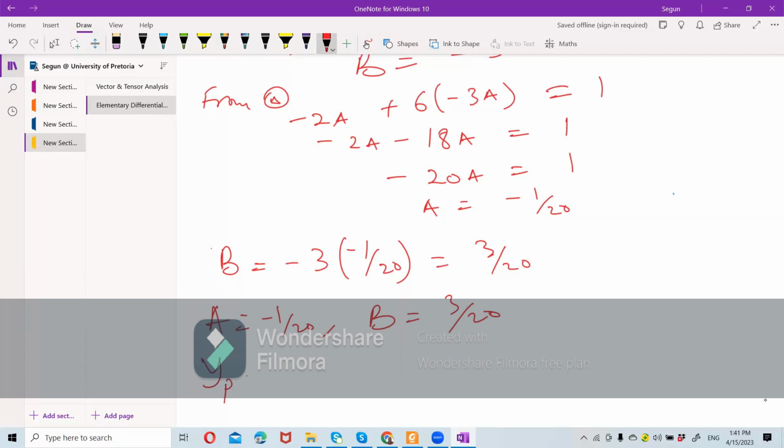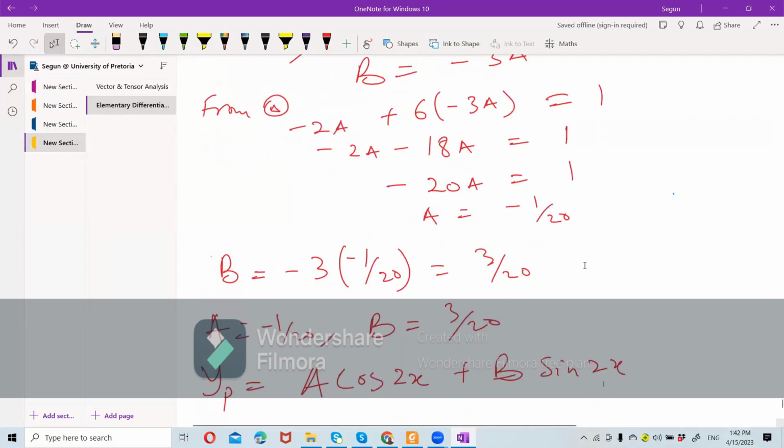So our YP will be... Remember, let me write the YP again because people will see it. Where do you get the 1 over 20? Is A, can you give me the YP from day one? A cos 2x plus B sine 2x.